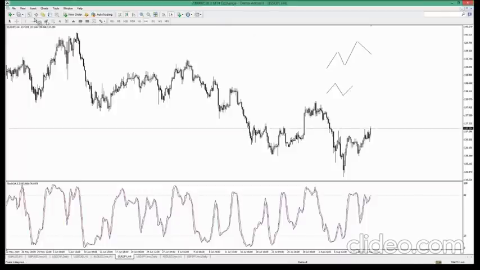The drawing's maybe not the best, but you have price moving up, making a higher high, but the indicator peaks make a lower high. That's your standard divergence found on anything, MACD, RSI, etc.